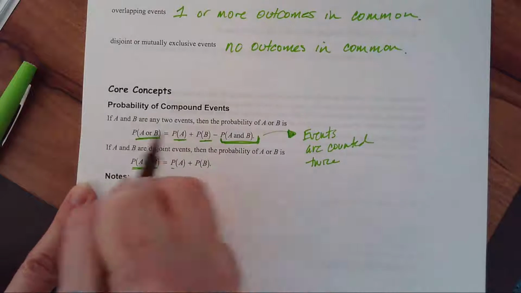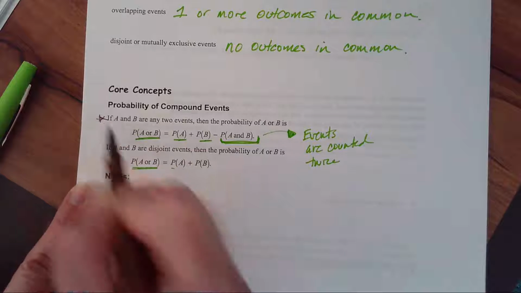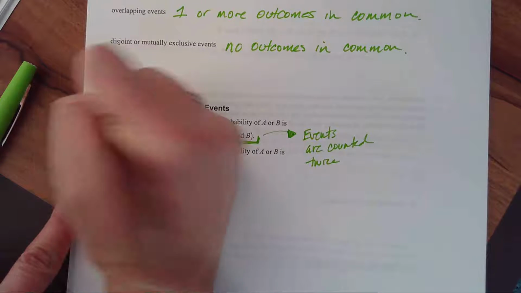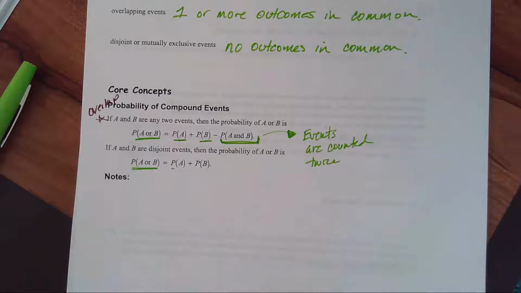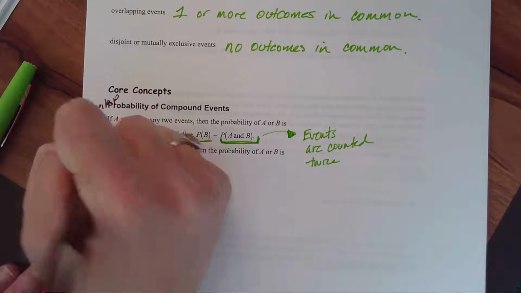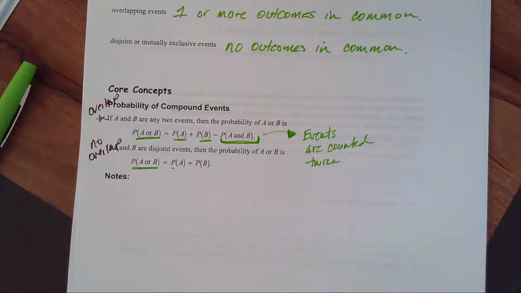In most cases there's going to be an overlap. There could be a scenario in which it's Tuesday and it's raining, so we have to subtract that out. We don't want to count it twice. In the second, disjoint events mean there is no overlap. That's what we're going to be getting at today.